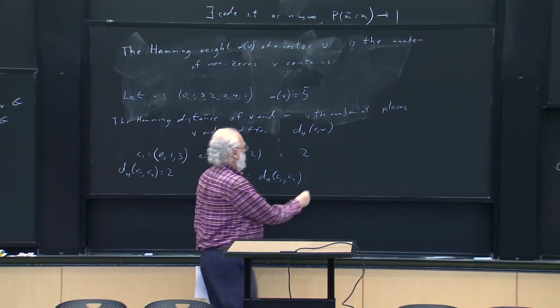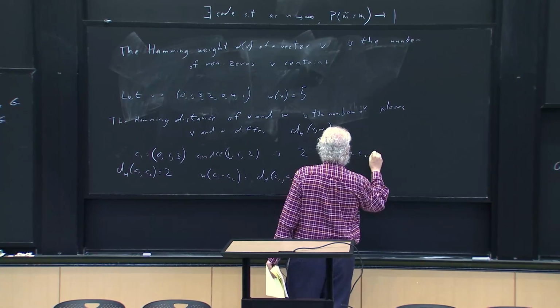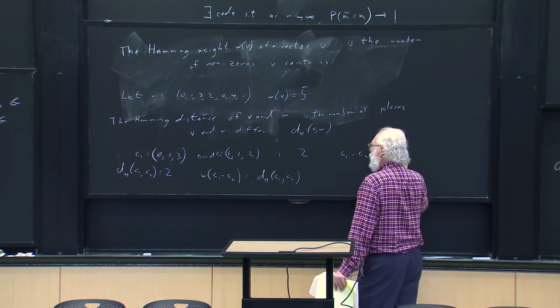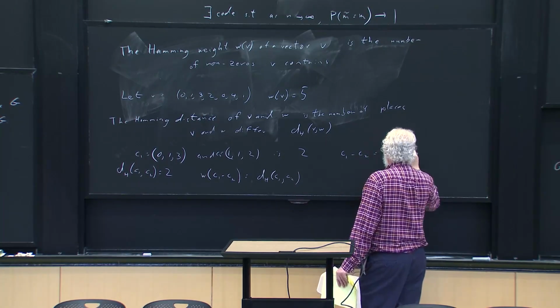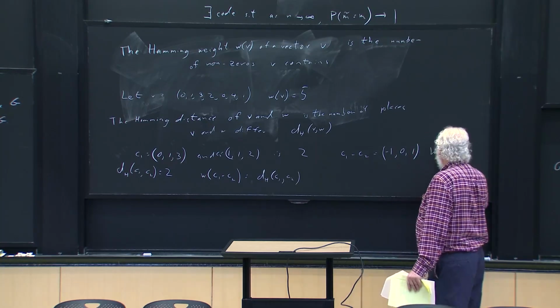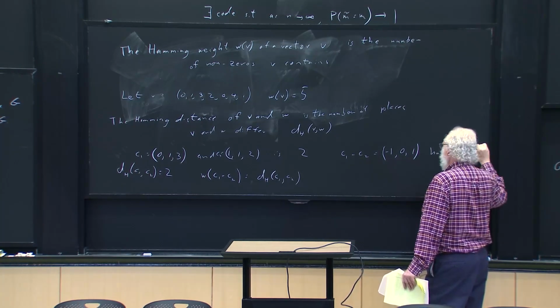So here, C1 minus C2 is equal to minus 1, 0, 1, which has Hamming weight 2.